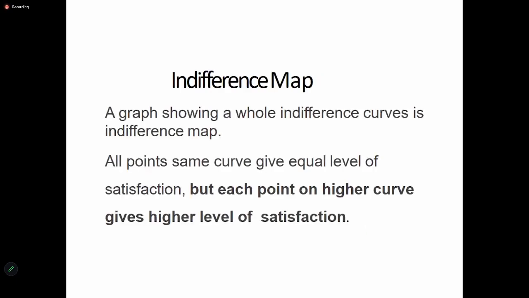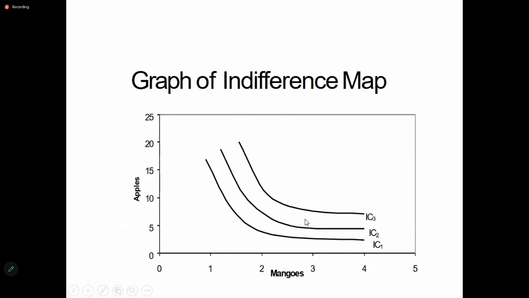So the indifference map contains all the indifference curves. Each point on a higher curve gives higher satisfaction. Very easy if you take the concept. You need to remember only two points. Along the curve, different combinations give the consumer the same satisfaction, but different curves give different satisfaction.